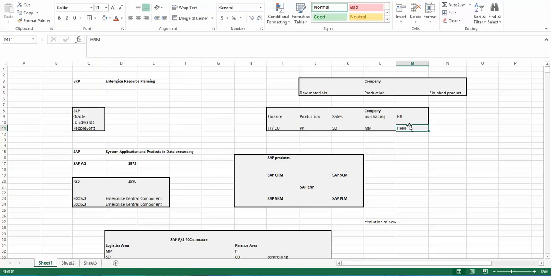So SAP has that important characteristic which helps integrate each of these pillars and coordinate amongst them in such a way that it will help blossom your business.